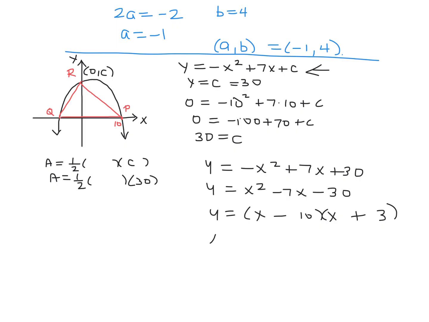Yeah, that'll do it. So then x is 10 or minus 3. All right, perfect. So that means Q is (minus 3, 0), and the base is 3 plus 10, 13. So then that would be 15 times 13, which I believe is 195.